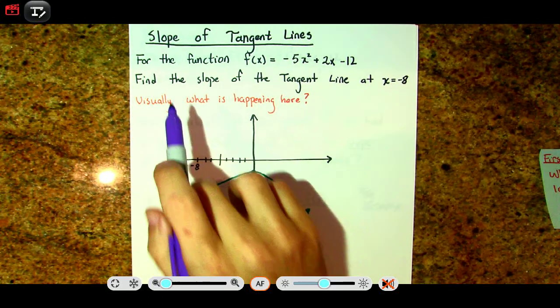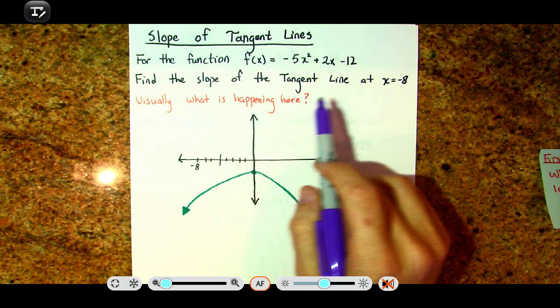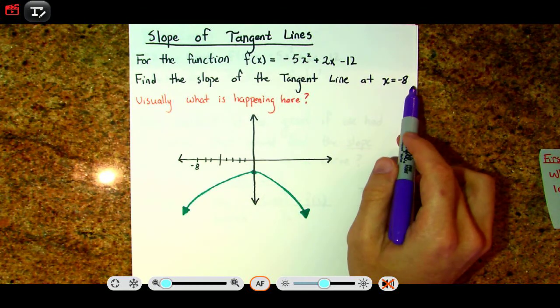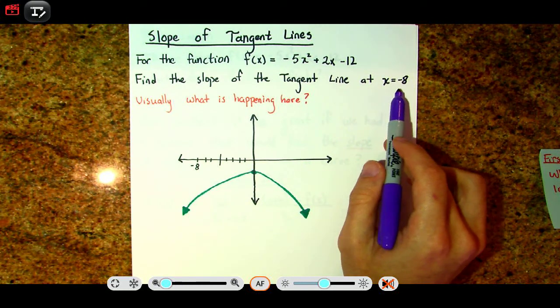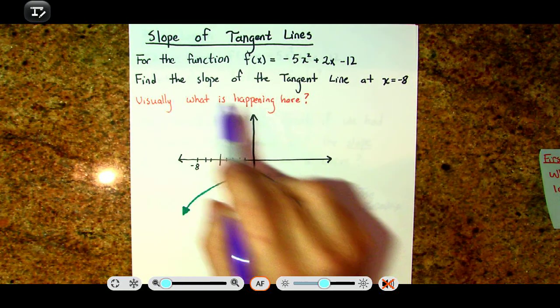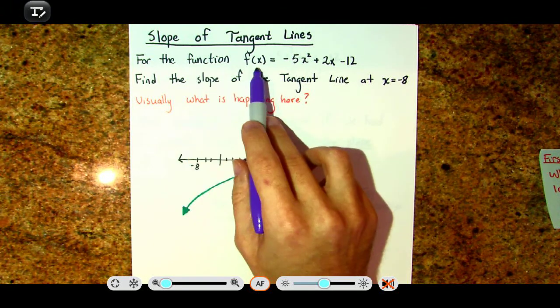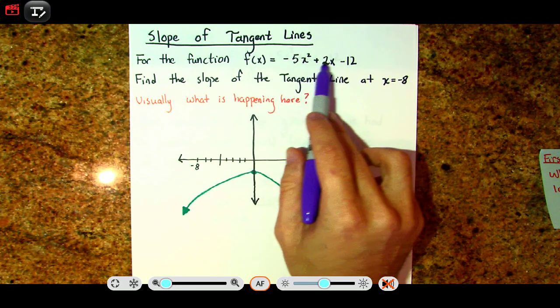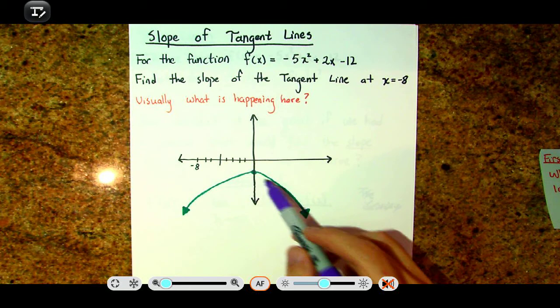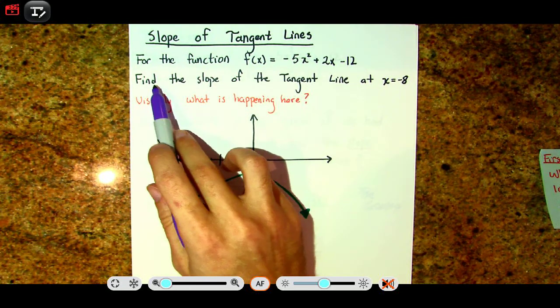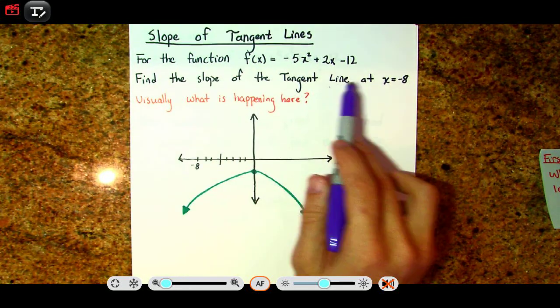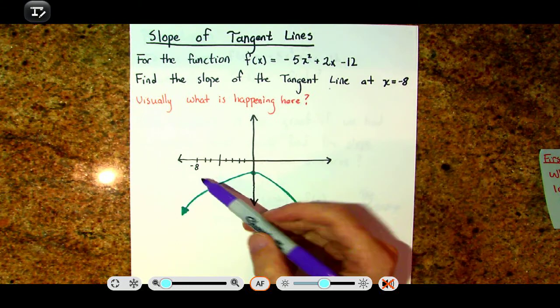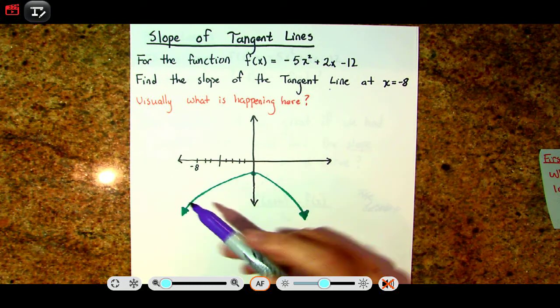Find the slope of the tangent line at x equals negative 8. We have this graph, f of x equals negative 5x squared plus 2x minus 12, and it's saying find the slope of the tangent line at x equals negative 8. If we go to x equals negative 8, we have this point on the curve.